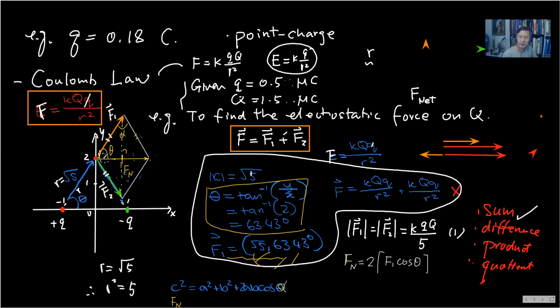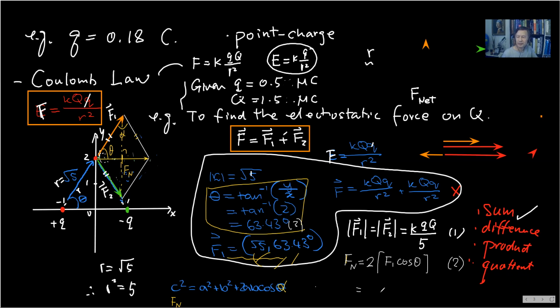Both F1 and F2 give the same projection. That's why we have to multiply by 2 here. So this is our second equation. This is your third equation. If you put these two together, we should be able to work out this one.